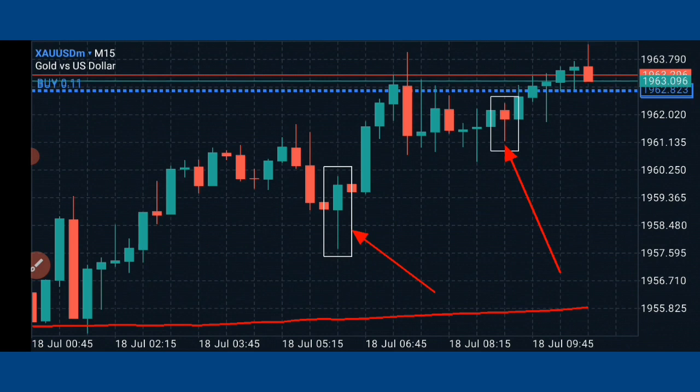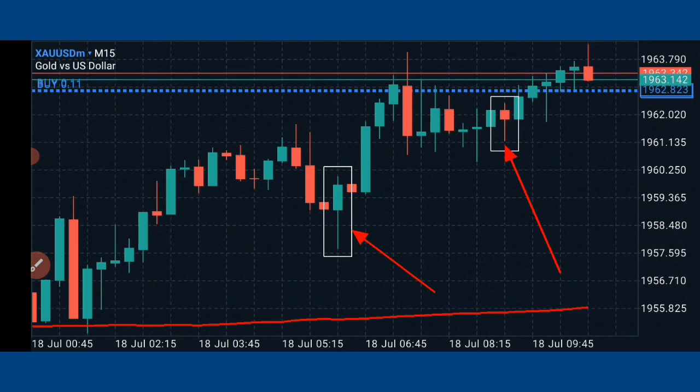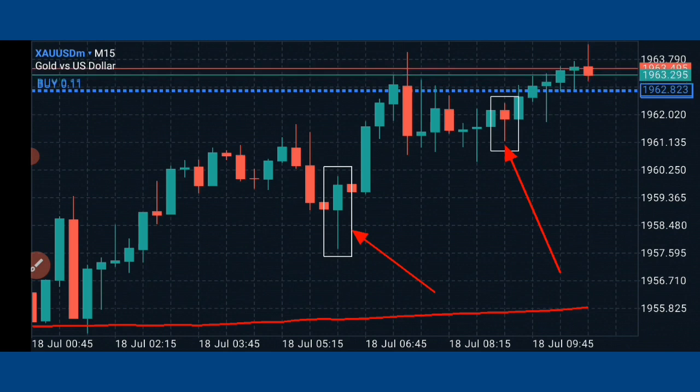Okay, today what I bring to you is how to use some kind of candlesticks in trading. You see, some traders really know how to draw lines for trend, and also horizontals and diagonals.